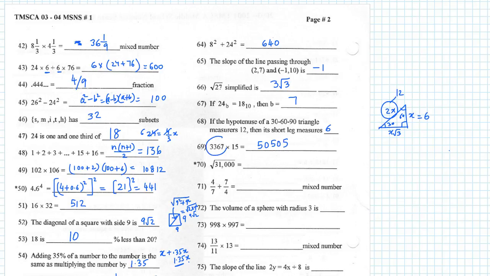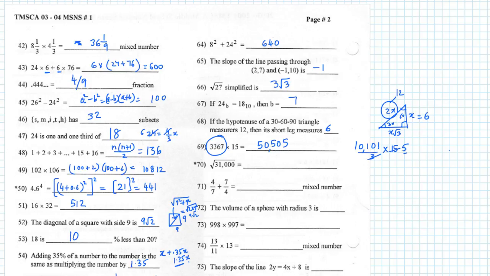Because this number 3,367 is nothing but 10,101 divided by 3. So when you're multiplying that by 15, you get 5 over here, and so 5 times 1 is 5, 5 times 0 is 0, and then 505. So that's why you have the answer as 50,505.